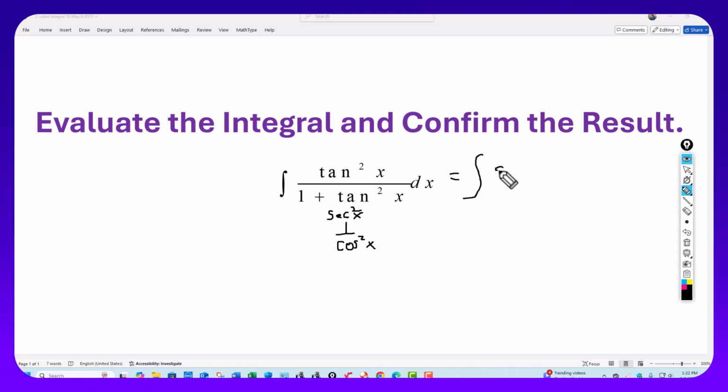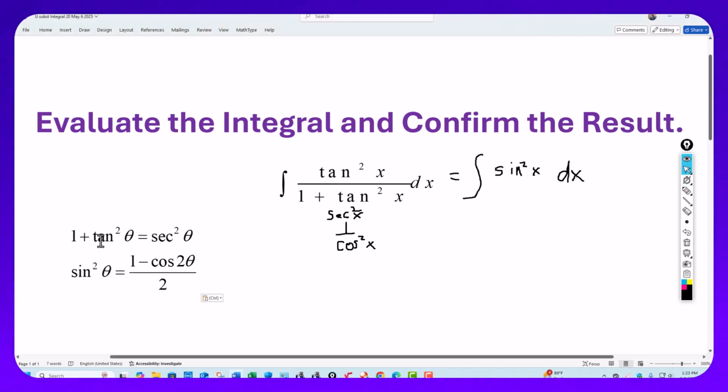In the numerator, the cosine squared cancels with the tangent, leaves me with sine squared of x. The denominator, of course, the cosine squared cancels. So I'm left with this sine squared of x dx.